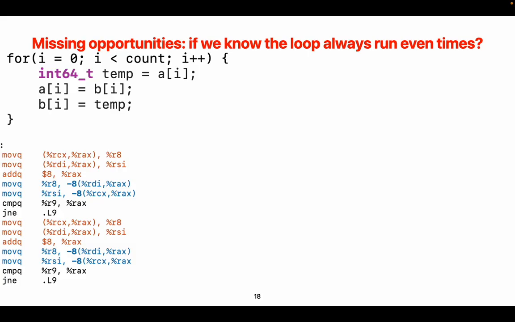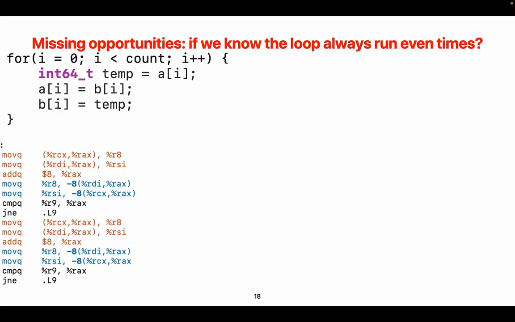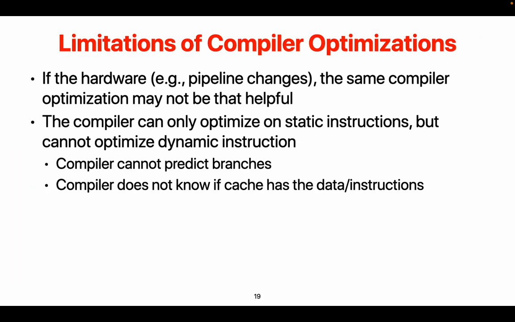So if the processor knows how to run that, then why shouldn't we have a hardware solution taking advantage of inter-iteration optimization and out-of-order execution?